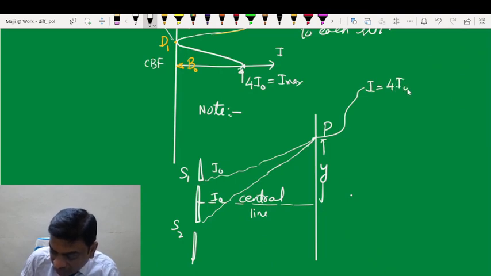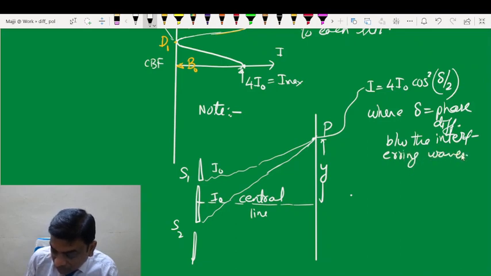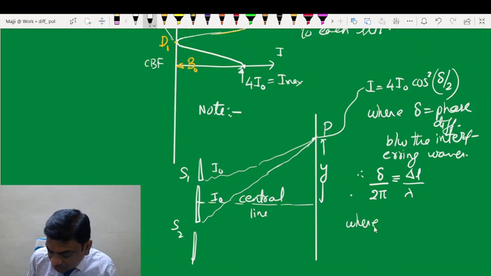is 4 times I naught into cos square of delta by 2, where delta is equal to the phase difference between the interfering waves. And we know delta, that is phase difference upon 2 pi, is equivalent to delta L upon lambda, where what is delta L we saw?